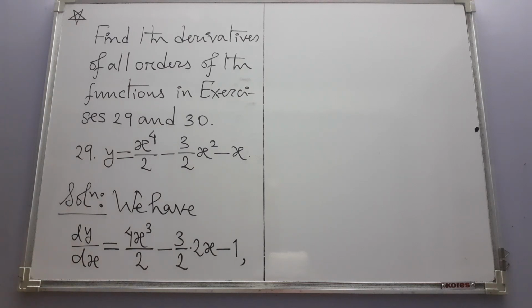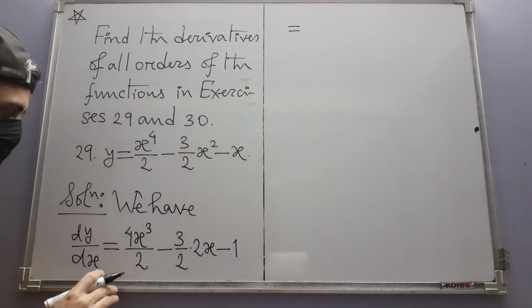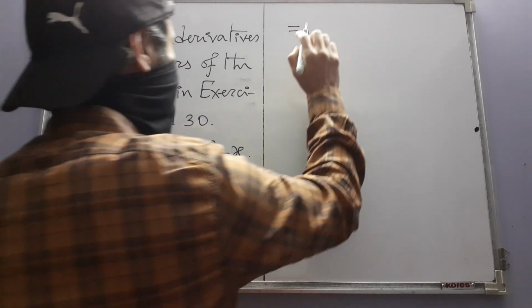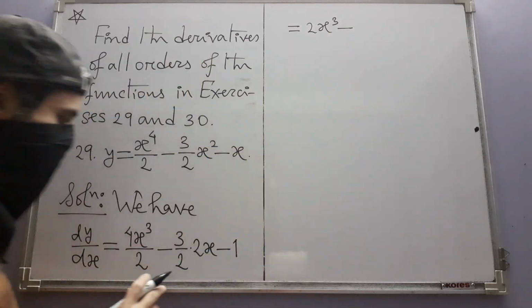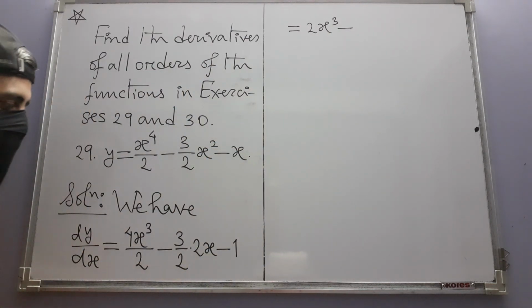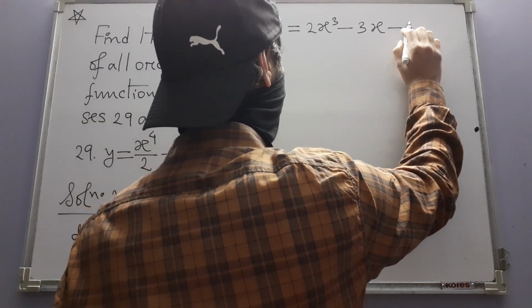Okay, so this is the first derivative. Or actually you can simplify this also, because a little simplification is there. If you do the little cancellations, you will get 2x cubed minus, cancelling these two 2's, we get 3x minus 1.